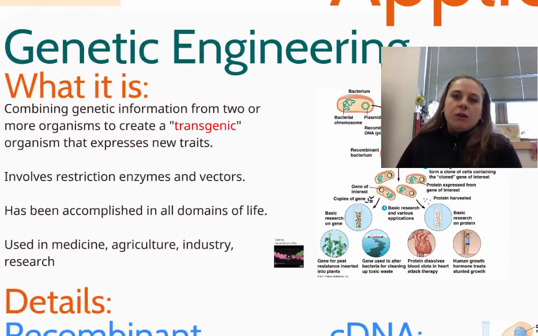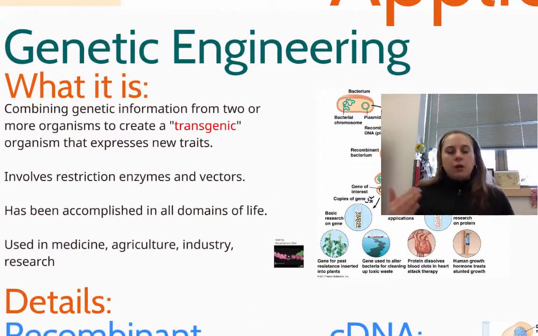First one, genetic engineering, kind of a biggie, right? So what is genetic engineering? It's combining genetic information from 2 or more organisms to create what we call a transgenic organism, changing genes to express new traits. This is going to involve restriction enzymes to chop and resplice. It's going to include vectors.